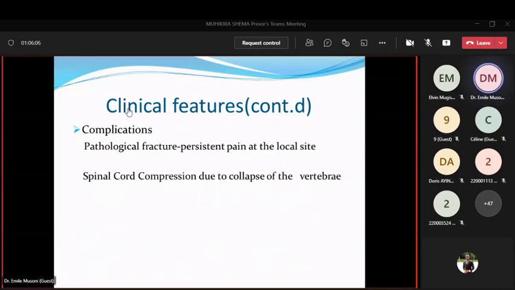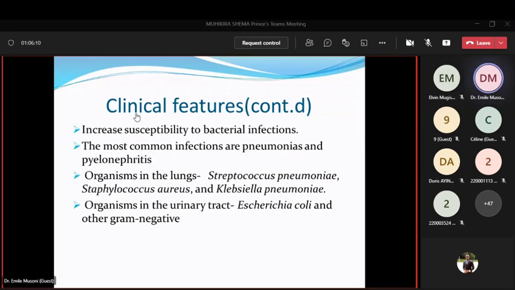There is increased susceptibility to bacterial infection, and the most common infections are pneumonia and pyelonephritis. Organisms in the lung include Streptococcus pneumoniae, Staphylococcus aureus and Klebsiella; in the urinary tract, Escherichia coli and other gram-negatives. You have seen it in your bacteriology.